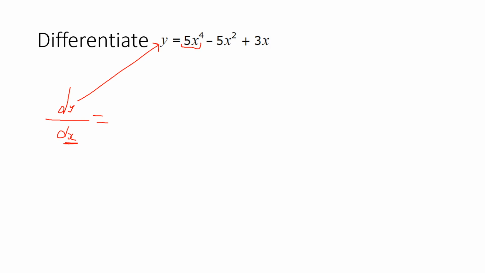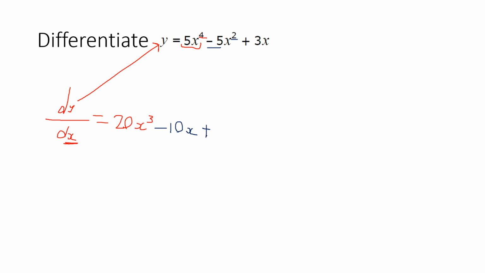This 5x to the 4 is going to turn into, we have a 4 and we have a 5. 4 times 5 is 20x to the 3. Minus 5 times 2 is going to be minus 10x. And then we bring the power down, so it's just going to be 10x.